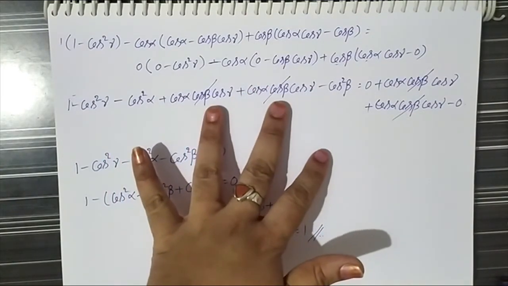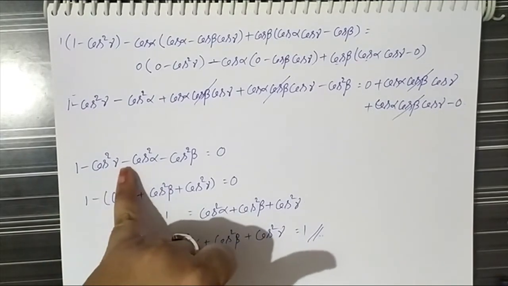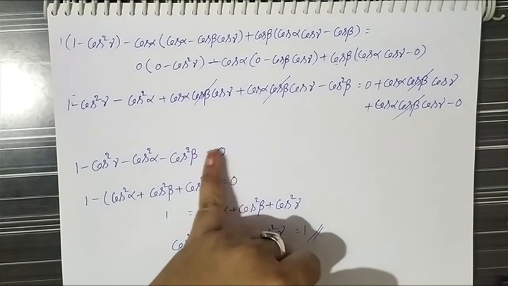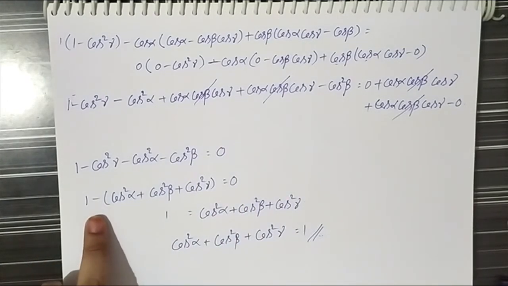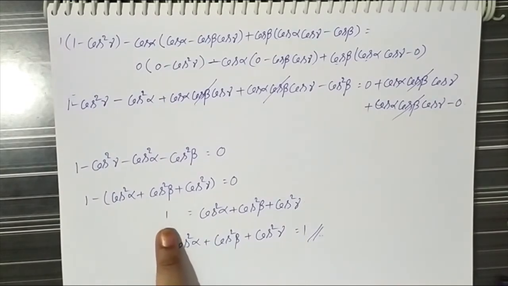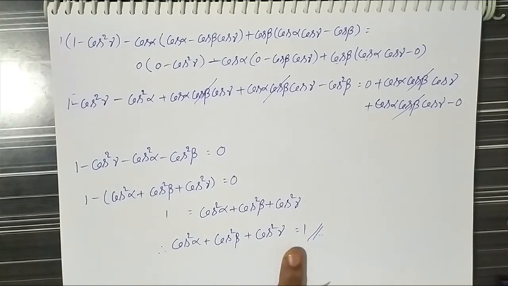Then the resulting value is 1 minus cos square gamma minus cos square alpha minus cos square beta equals 0. Taking minus as common and sending it to the RHS, 1 equals cos square alpha plus cos square beta plus cos square gamma. Rearranging, cos square alpha plus cos square beta plus cos square gamma equals 1.